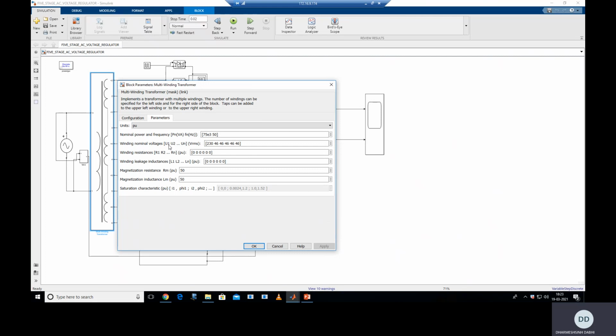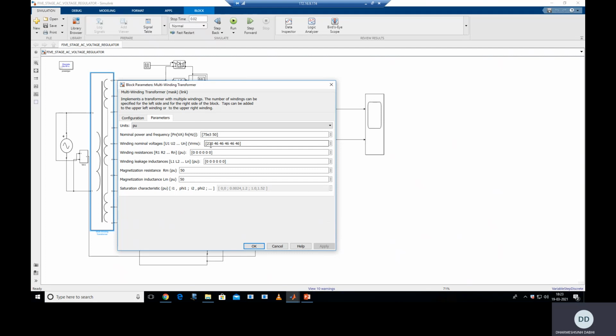U1 is the voltage rating of the primary winding. U2, U3 and up to UN are the voltage ratings of all the secondary windings. Here I take 230 volts, which is the RMS value, for the primary. The voltage rating of the first secondary winding, U2, is 46.